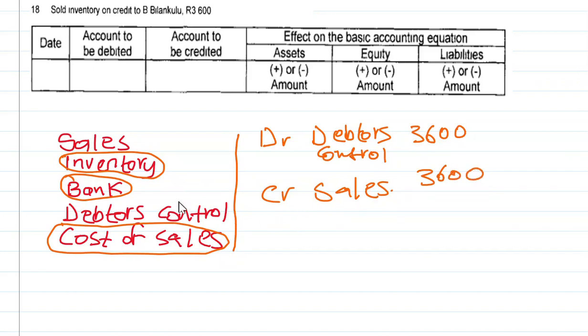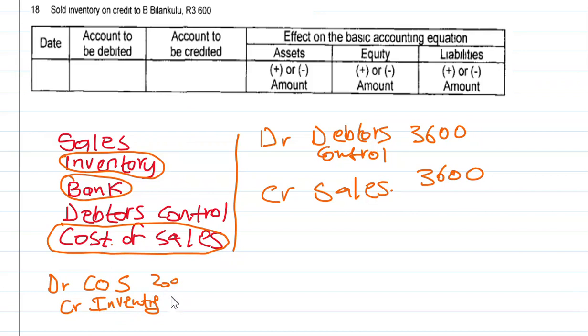If you were given cost price, then cost of sales will be debited. For example, let's say the cost price of the goods was 200 rand. You are gonna say debit cost of sales and credit inventory if you were given cost price. But now you're not given cost price.